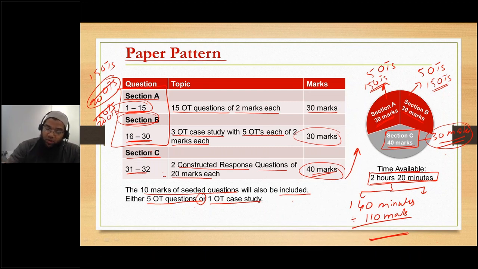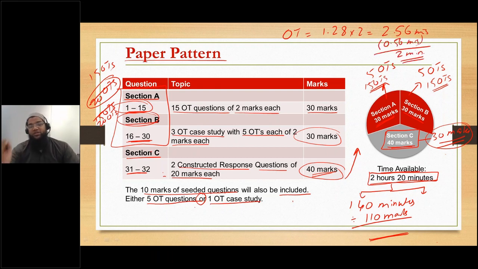But for example, if one OT is of 2 marks, you have 1.28 into 2, which makes 2.56 minutes. What if we save 0.56 minutes from this and try to solve one OT in 2 minutes?